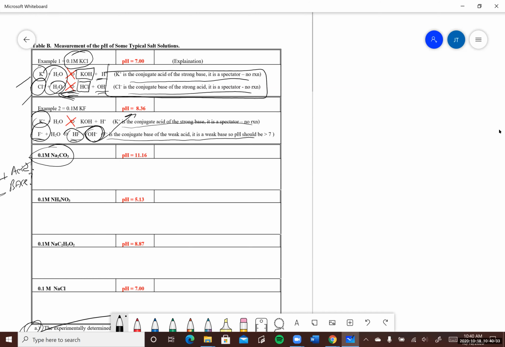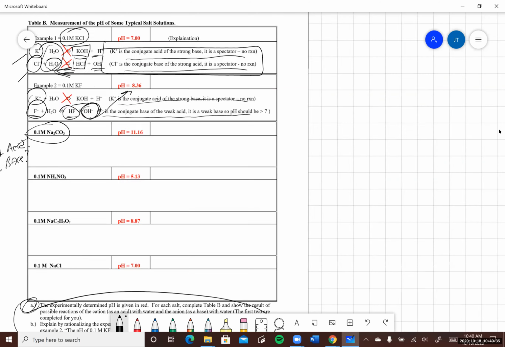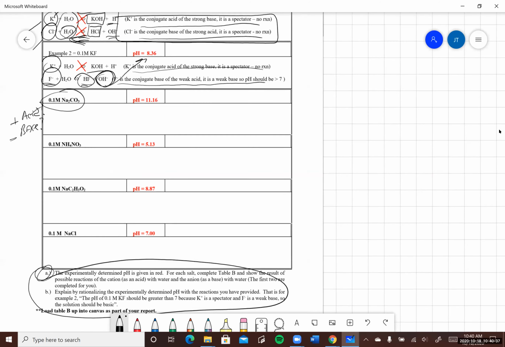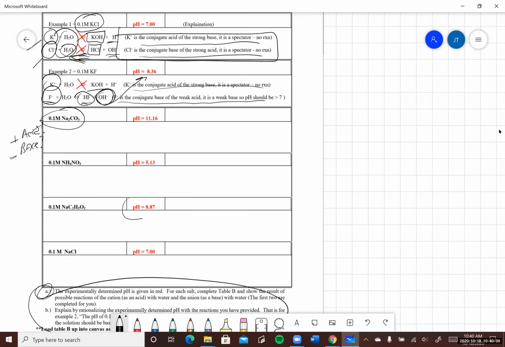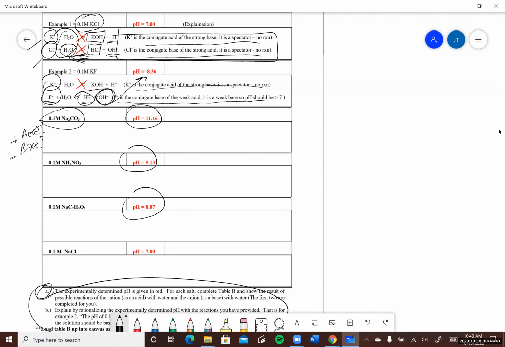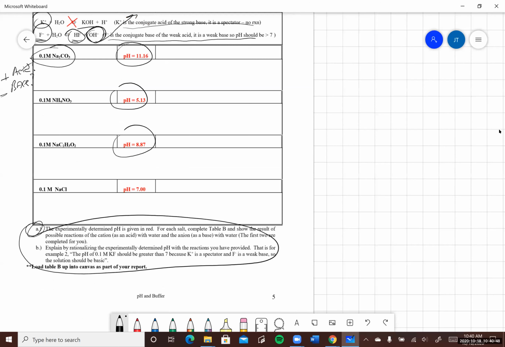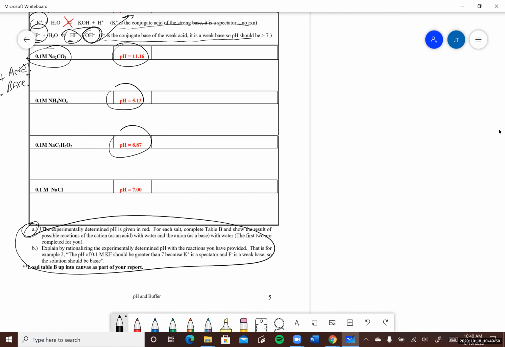And if they are reactive, then it should make sense as far as the pHs that they're getting reported. And that's pretty much it. So hopefully you can learn a lot about acid-base equilibrium by doing this exercise, and get a good grade.